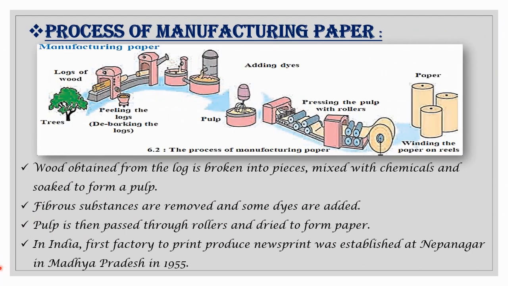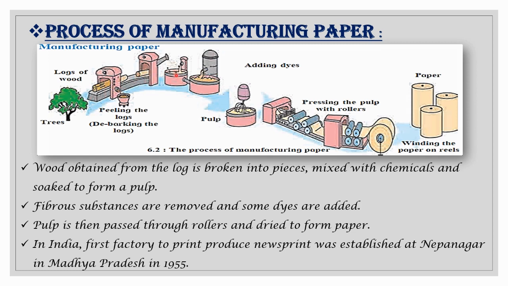Now students, let's understand the process of manufacturing paper. Now we know that to produce paper, coniferous trees are used. So the bark of the logs cut from trees is removed first. And the wood obtained from the log is broken into pieces and is mixed with some chemicals and kept soaking for a long time in order to form a pulp.